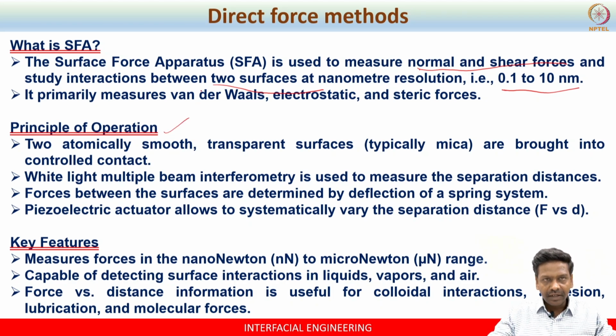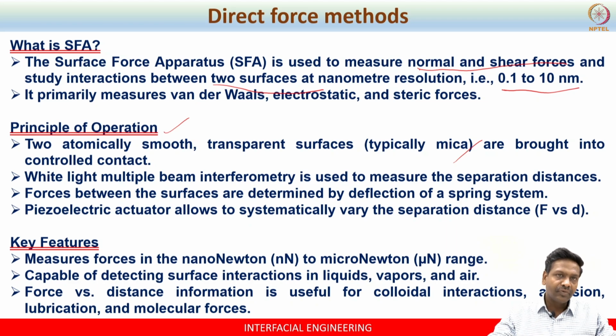So one has to take the mica surfaces, right. Why is mica preferred? Because when the surface is cleaved, basically it becomes very flat, and the smoothness is comparable to the atomic scale. That's why people often prefer these mica surfaces. When you bring these mica surfaces together, one of the surfaces will be rigid, the other one will be moving.